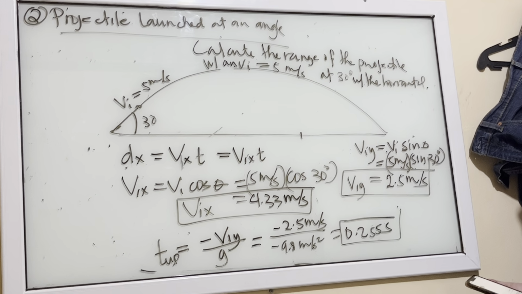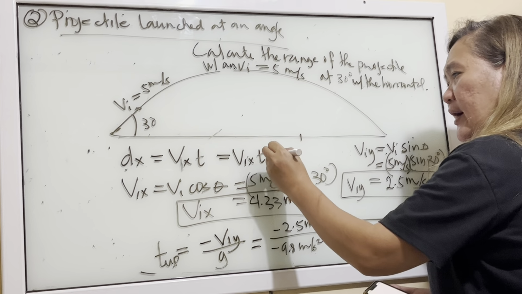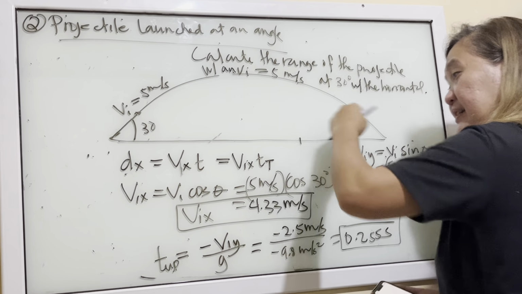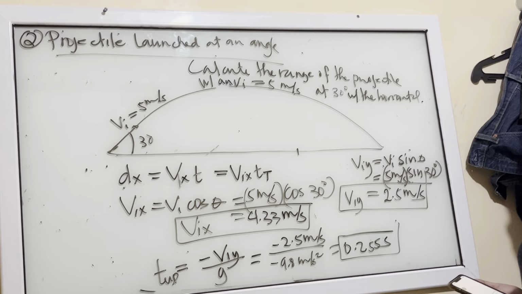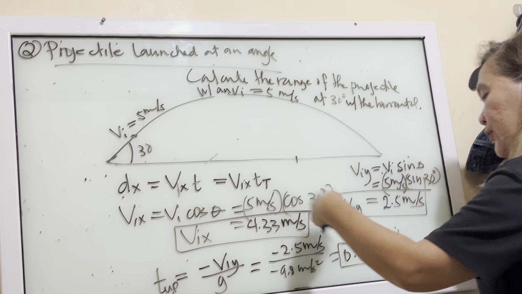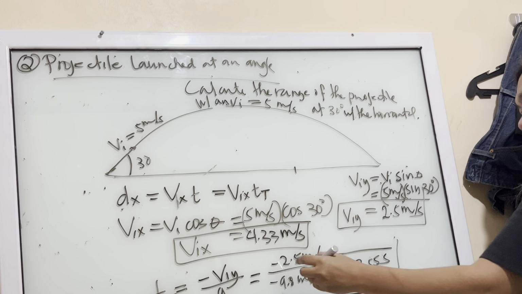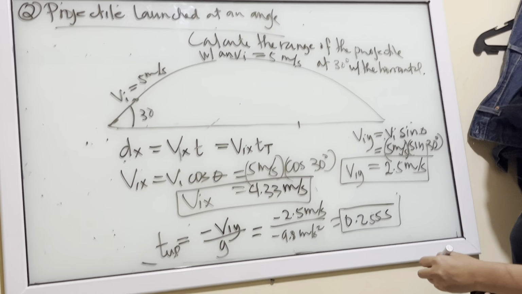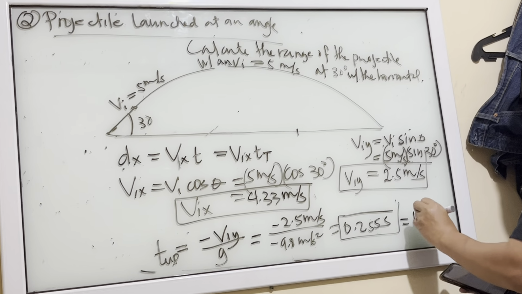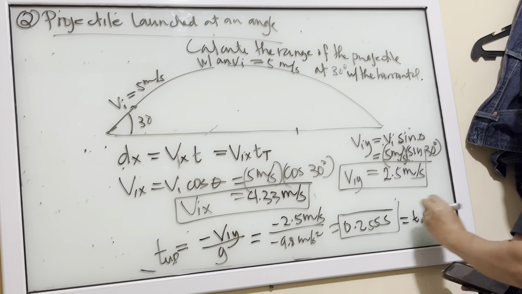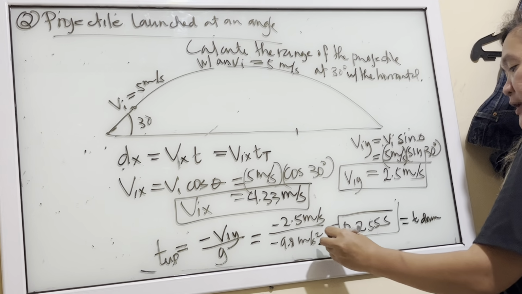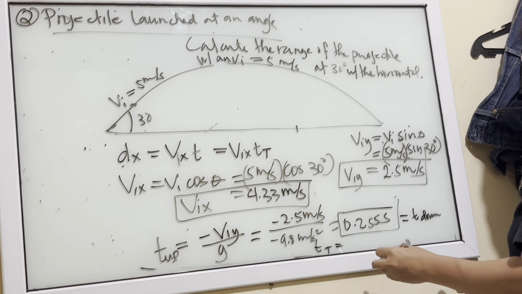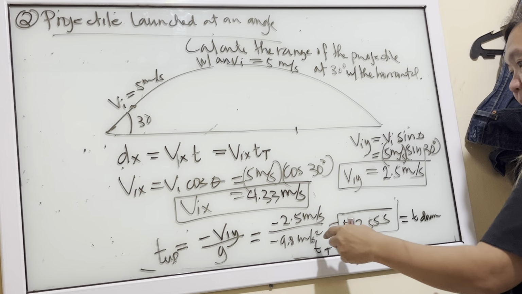Okay, T up yan. Ito kasi, ang ginagamit dito ay T, total time of flight. Hindi lang T up, kundi T up plus T down. So, the total time of flight. Now, remember that T up is equal to T down. So, kung ang T up mo is 0.255, then your T down is also 0.255. Okay? And the total time, this is what you need. Total time. Nakukuha ba dito? So the total time of flight is t up plus t down.